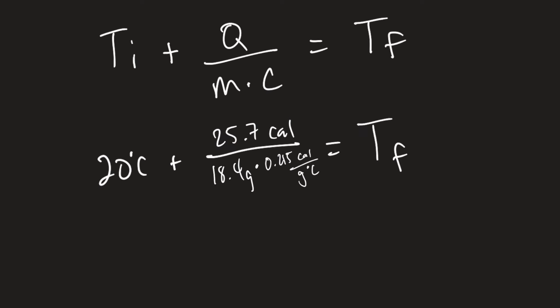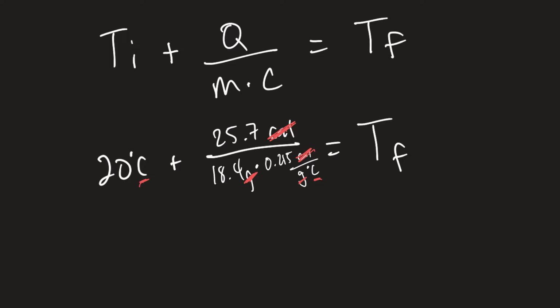We have to make sure all the units cross out accordingly, and they do. Because you have grams in this numerator and grams in the denominator, that's gone. Calorie in this numerator, even though it's the numerator of this fraction, is technically on the denominator, so that one can cross out. This Celsius is a denominator of a denominator, so that's technically a numerator.